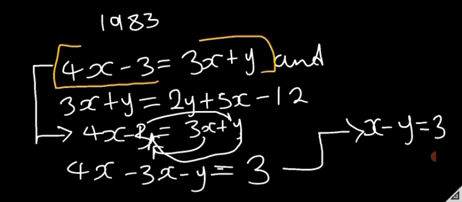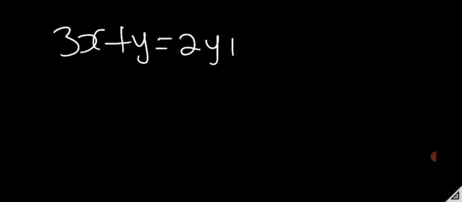Now, let us simplify the other one. The other one says 3x plus y is equal to 2y plus 5x minus 12. We also do the same thing. We arrange.